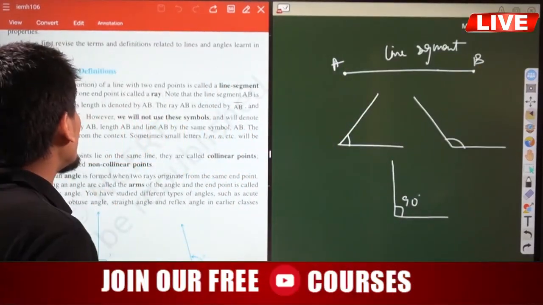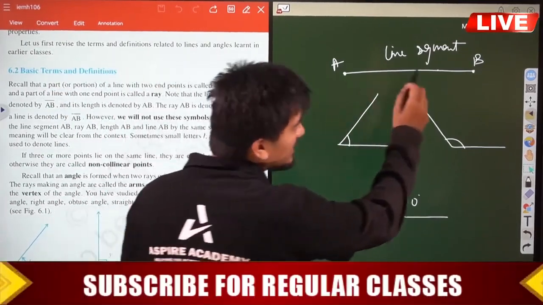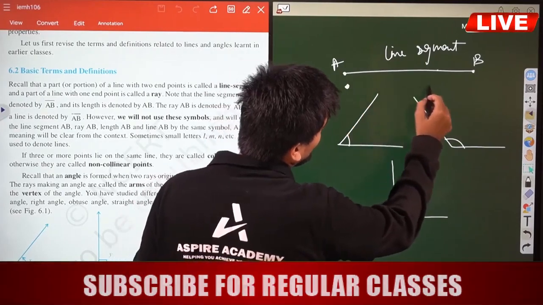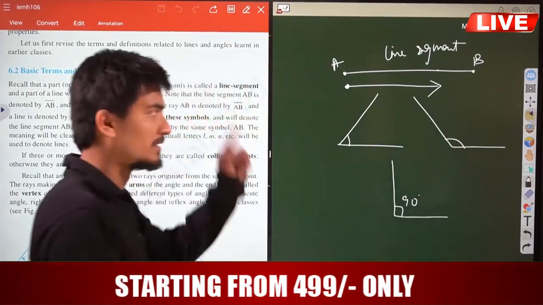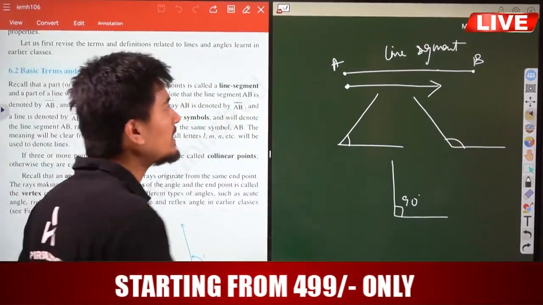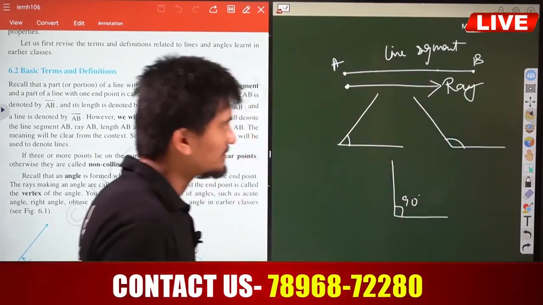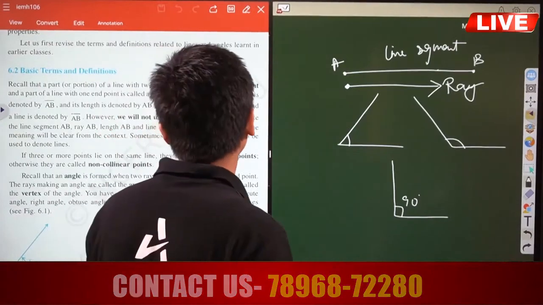If this line has only one end point, and it goes on like this, we call it a ray.